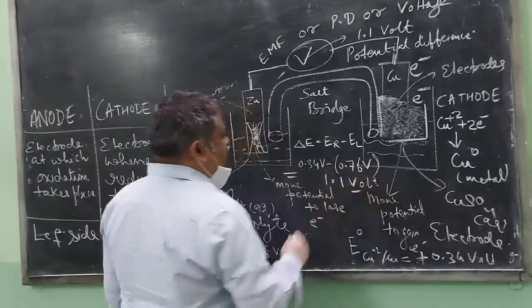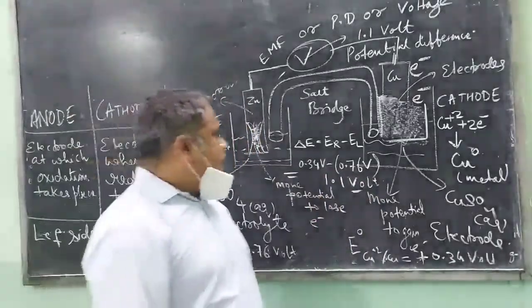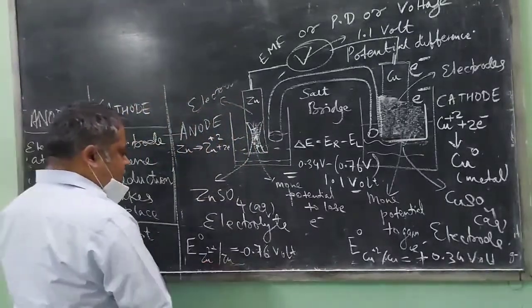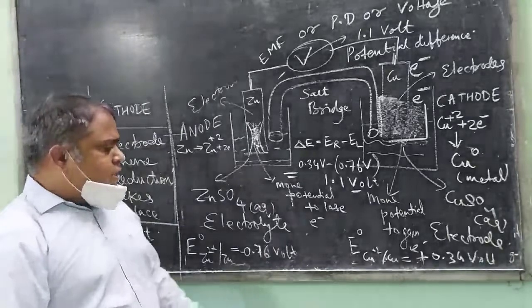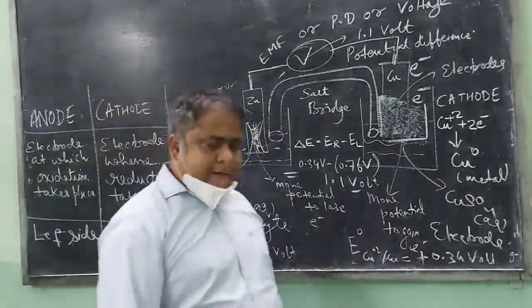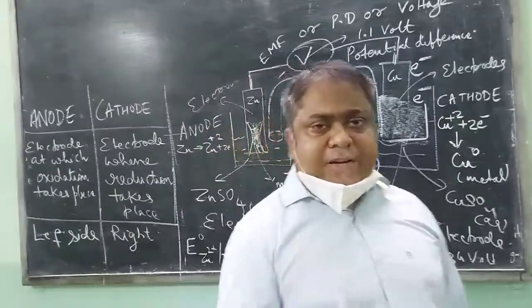Now you will say, how did I come to know that the electrode potential of Zn2+ becoming zinc is this much and of Cu2+ becoming copper is this much? In class 11 this is given in the table.